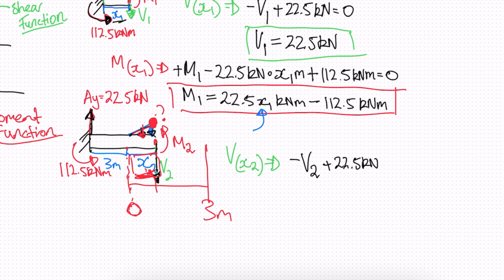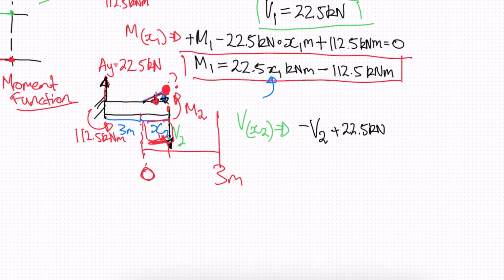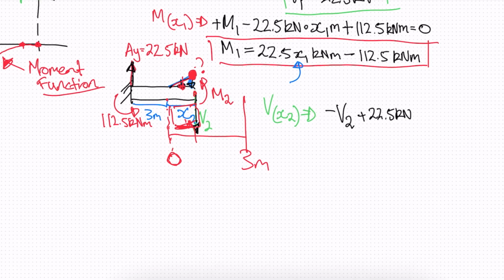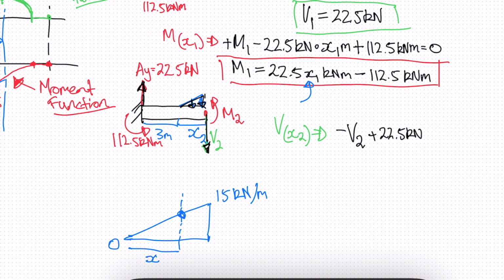So what we can do is use similar triangles to develop a formula for this. This is just a little sidetrack. So let's redraw our triangle, and we know that our full triangle is 15 kilonewtons per meter. Here we have 0, and we're finding an arbitrary point along this x2 distance. And we know up to this point is 3 meters.